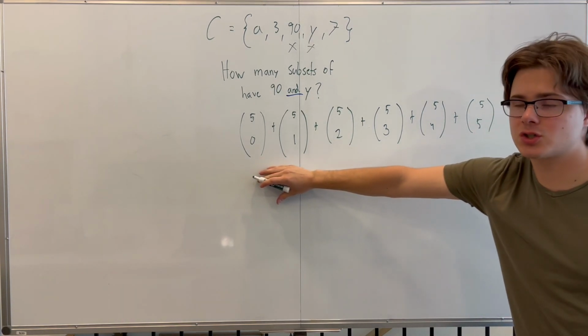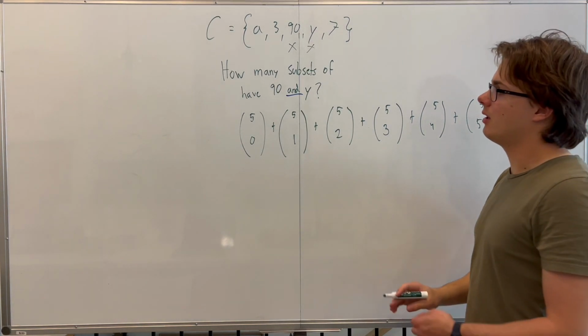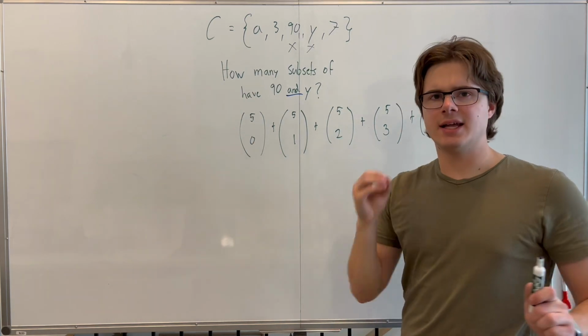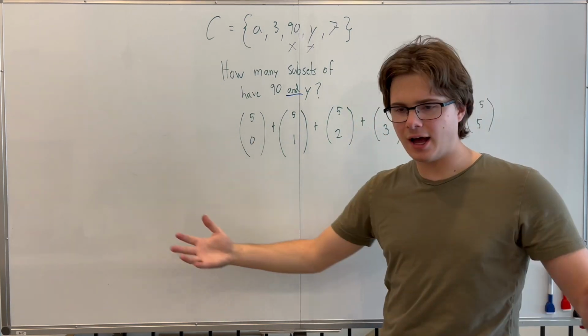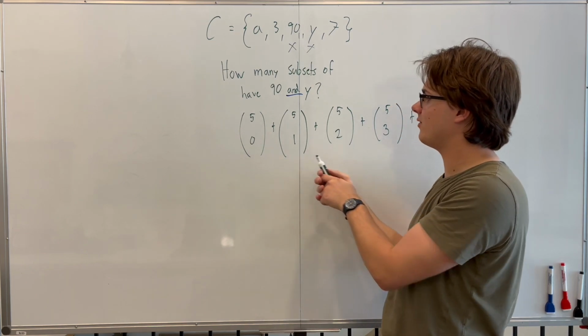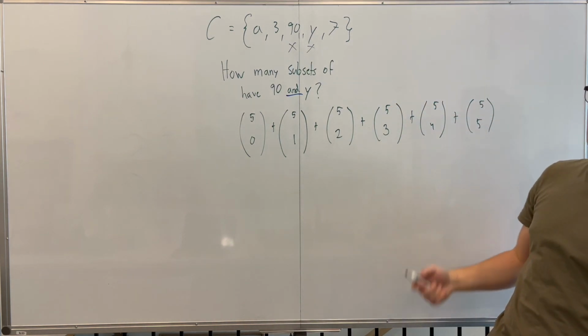That is how we got the total number. But again, this 5 meant we had 5 choices. Out of the 5 elements, we can choose none of them, 1 of them, 2 of them, 3 of them, 4 of them, or all of them.